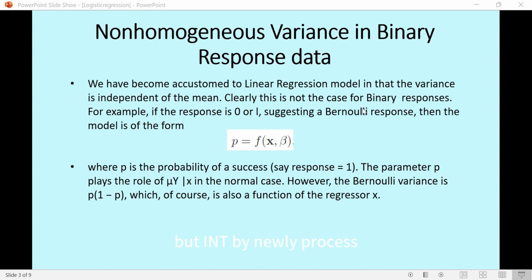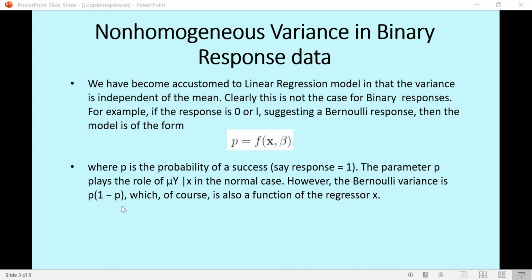But in the Bernoulli process, the probability of the occurrence of 0 or 1 is a function of x and beta. The Bernoulli variance is p multiplied by 1 minus p.